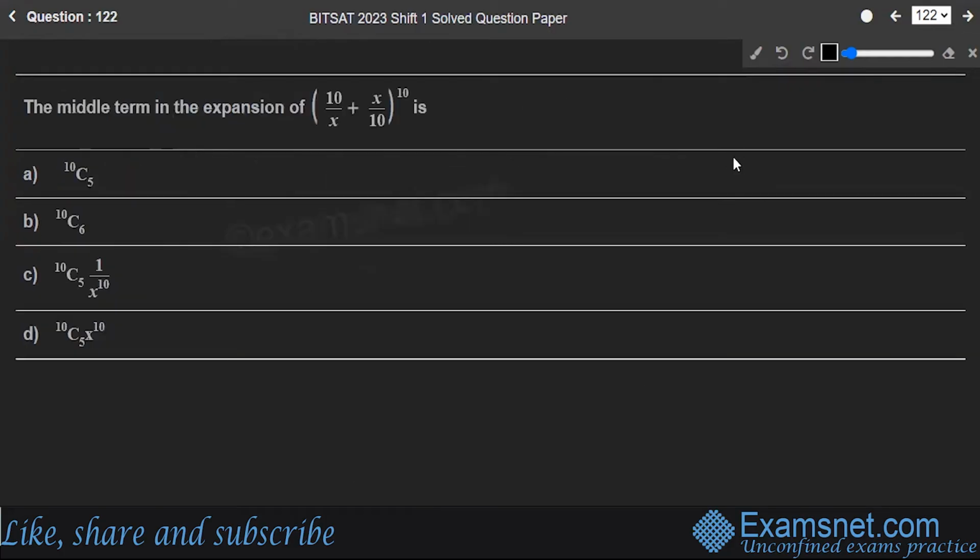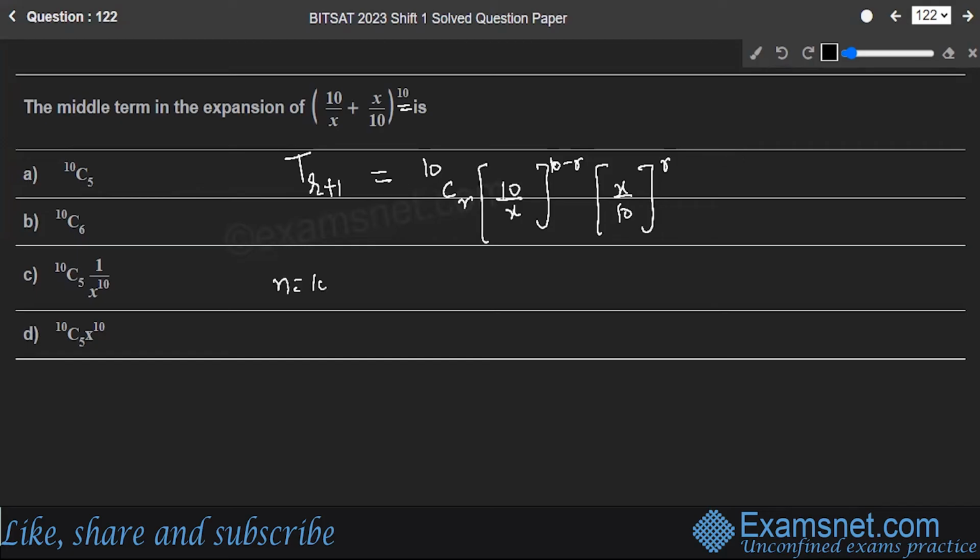Hope you understood that. Next is question number 122. The middle term in the expansion of this is. See, the general term is given by T(R plus 1), which is equal to, you have N as 10 over here. So this is 10CR into (10 by X) power (10 minus R) into (X upon 10) power R. Here you are having N as 10, that is an even number.